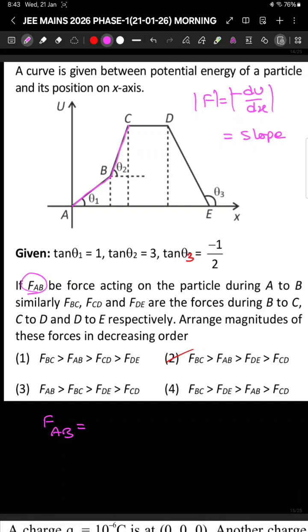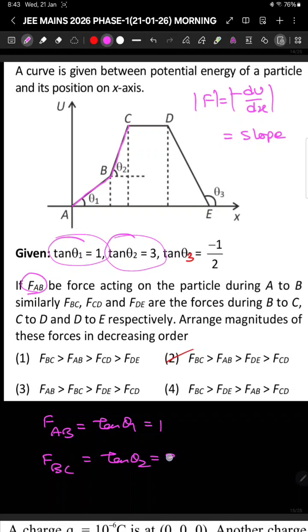So the force acting on AB means the slope of the AB part, nothing but tan theta 1. Its value is already given, here 1. So the force for the BC part is tan theta 2, and the tan theta 2 value is given as 3. Only magnitudes we are finding here.